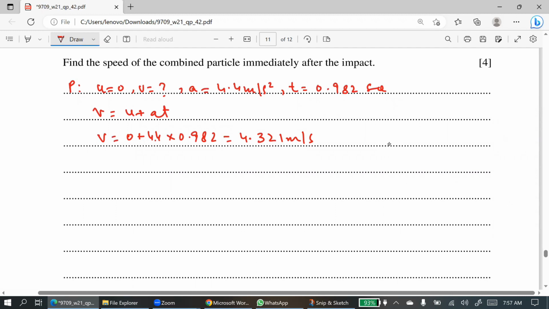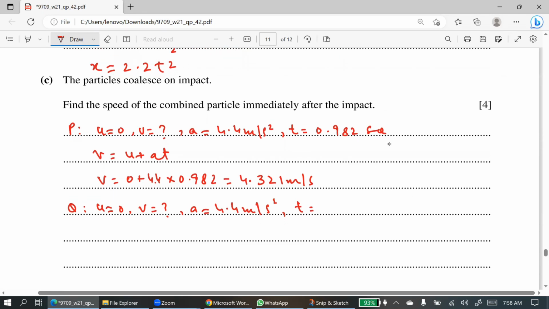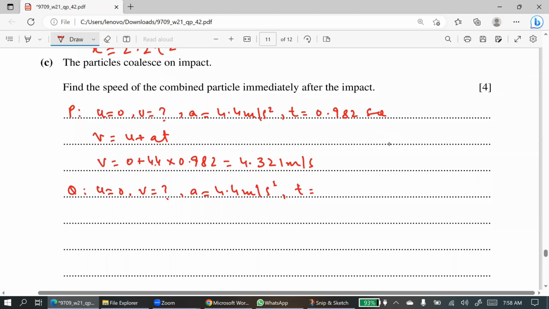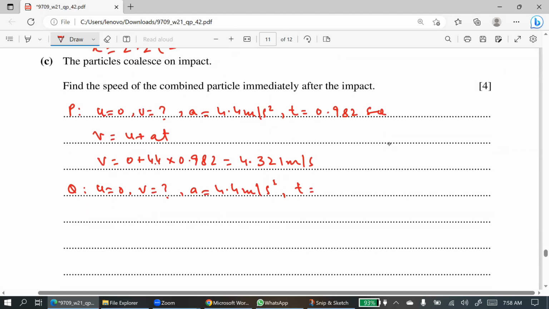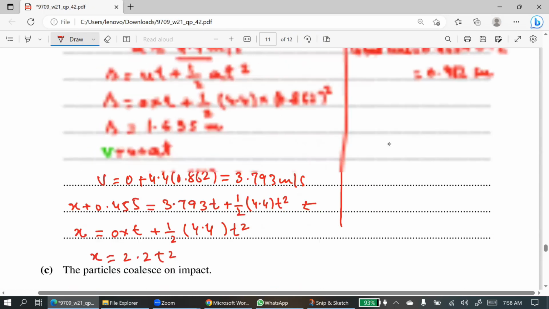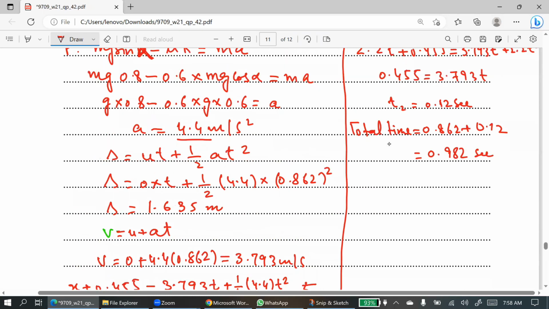Now for Q. Q's initial speed is 0, the final is the requirement, and the acceleration is again 4.4 meters per second square. The time for the downward motion, we are only considering the downward motion of Q, is 0.12 seconds.